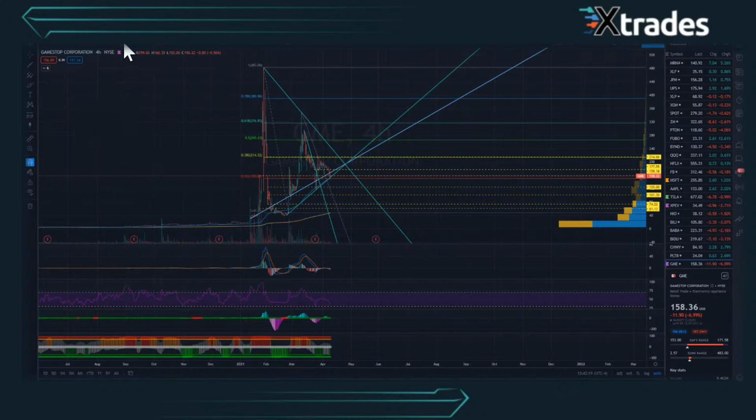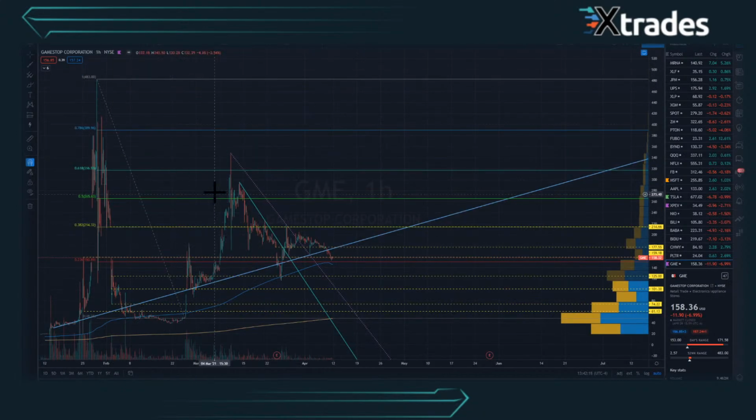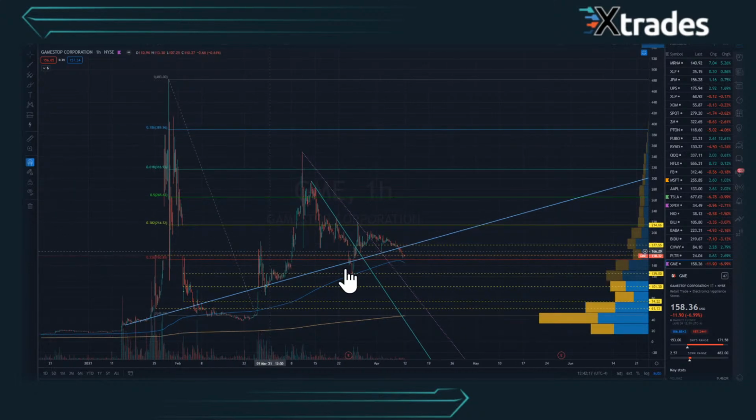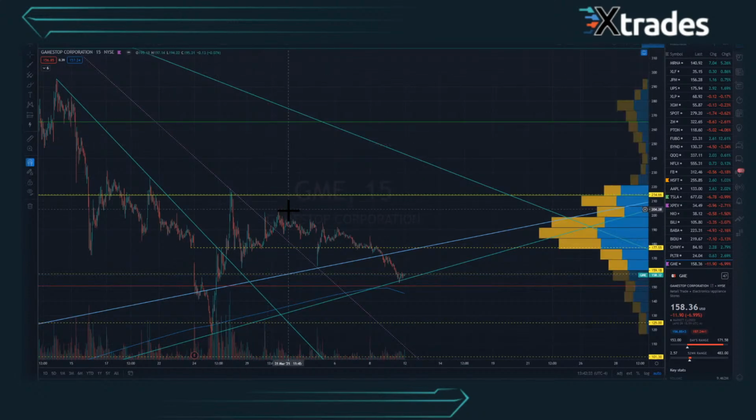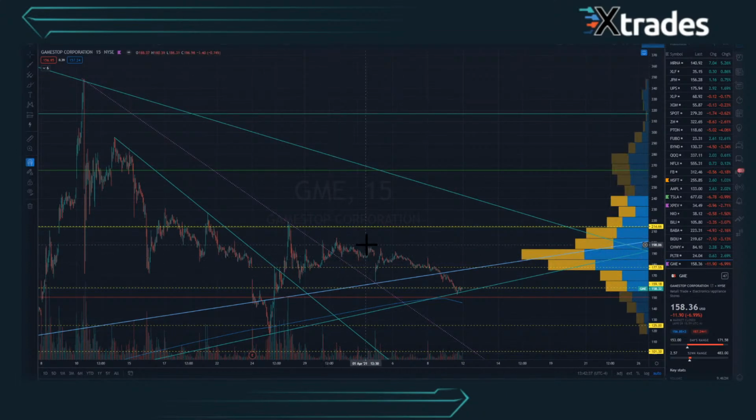GME on Monday. Pull up the 1 hour chart. There are the indicators here. So if we look here, Monday was April 5th. So that would be around here. So trying to see, so he took it.